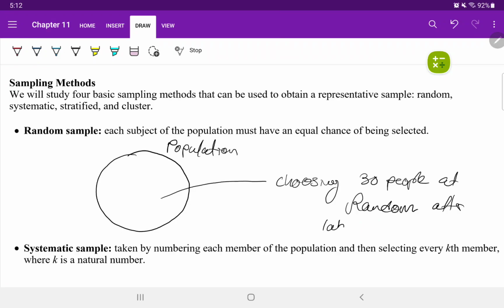After labeling each person in the population.